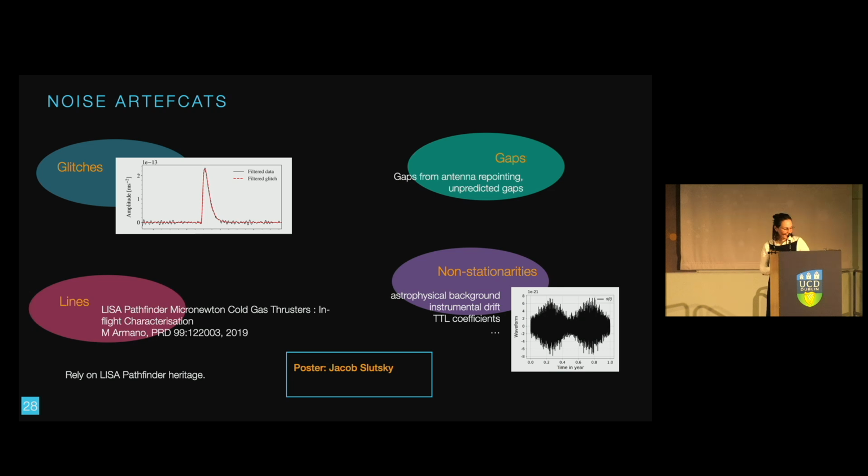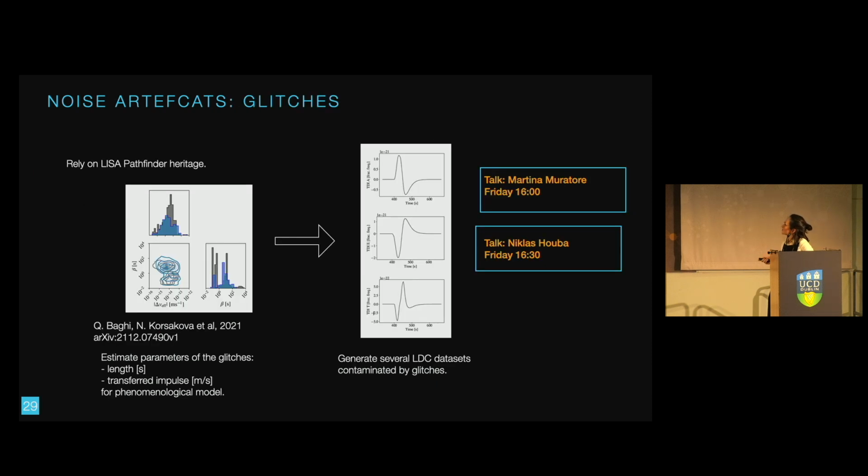Sorry, I'm out of time, but I'm going to finish in just two minutes. I just want to mention that in addition to all these nice signals, we're going to have non-nice noise artifacts, and we have to take them into account. There has been quite a lot of work done recently, and there will be a poster by Jacob Slutsky where I think he can summarize all of this work.